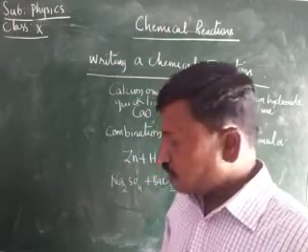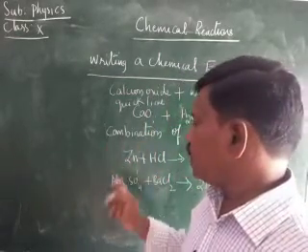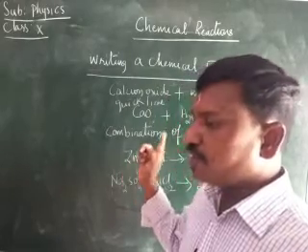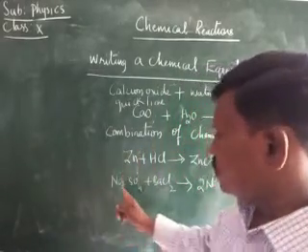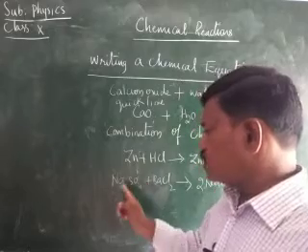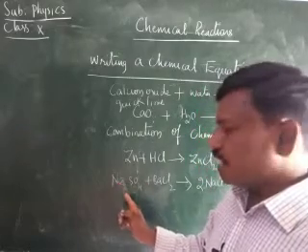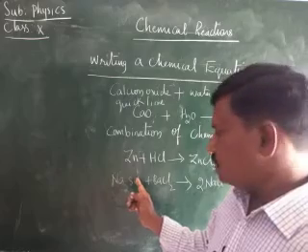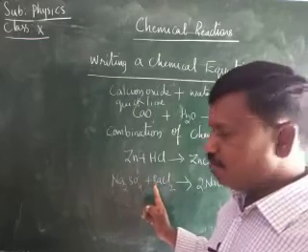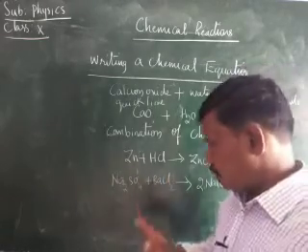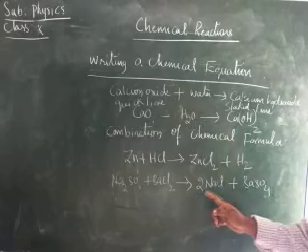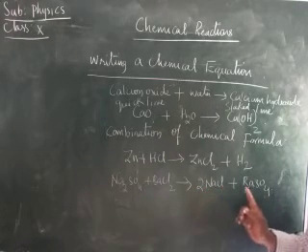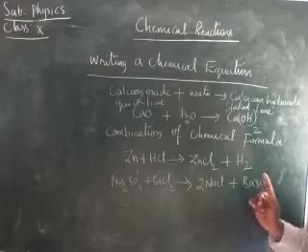This chemical equation gives the number of atoms taking part in the chemical reaction. Na2SO4 means 2 atoms of sodium, 1 atom of sulfur and 4 atoms of oxygen, reacting with 1 atom of barium and 2 atoms of chlorine, which result in 2 molecules of sodium chloride and 1 molecule of barium sulfate.